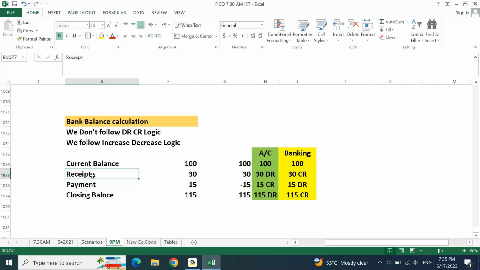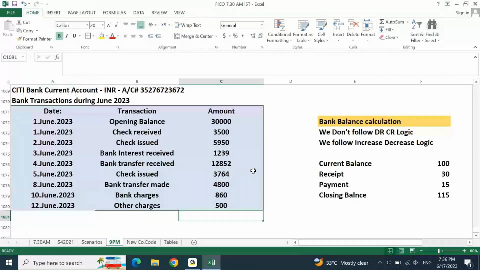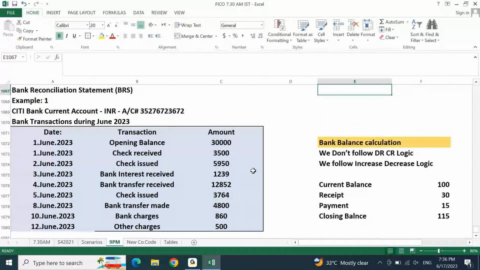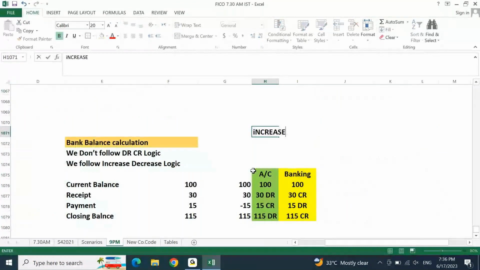Anything that is increasing is an addition. Let me put it: increase is add and decrease is less. An increase in the bank account balance will be add, a decrease in the bank account balance is less.